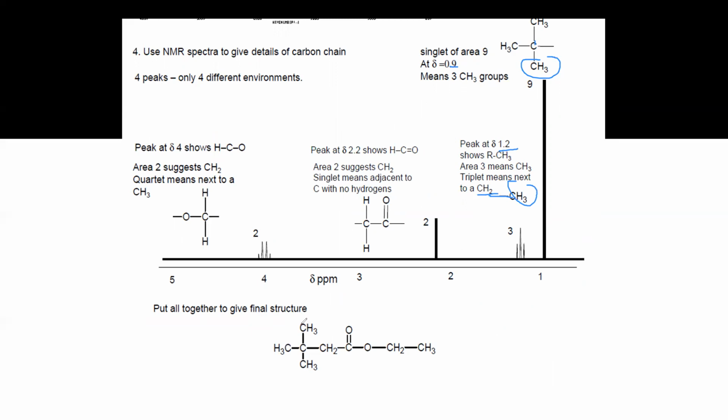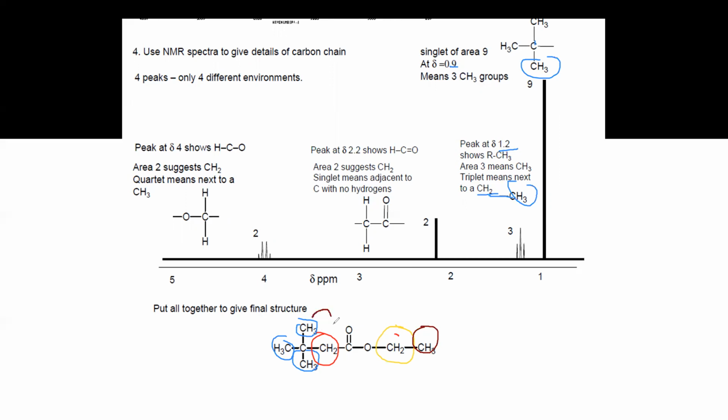So 4 hydrogen environments are there. This is environment A, environment B, environment C, and environment D. And then how many will this environment A split into? Because neighbor is 2, it will split into 3.